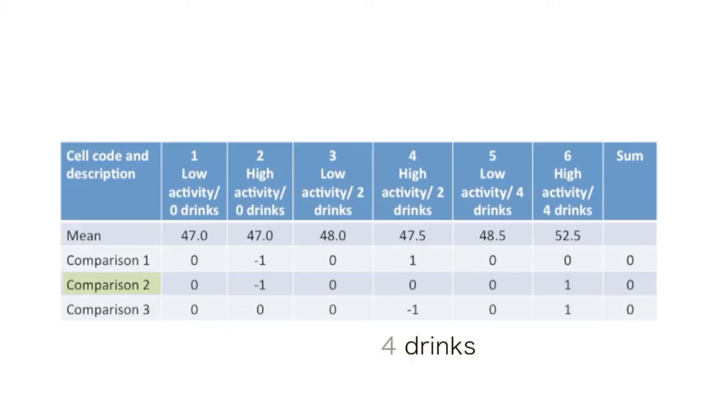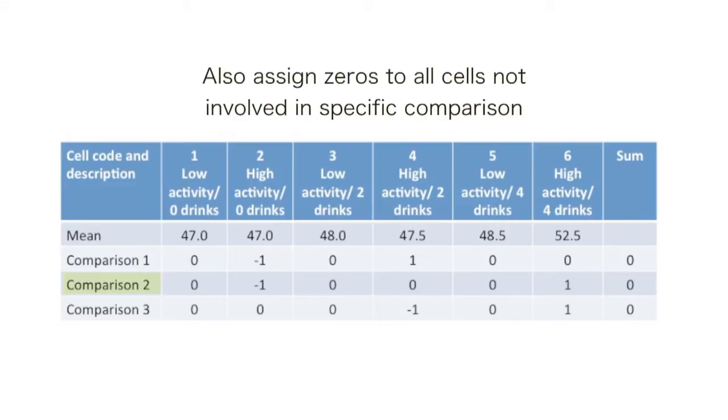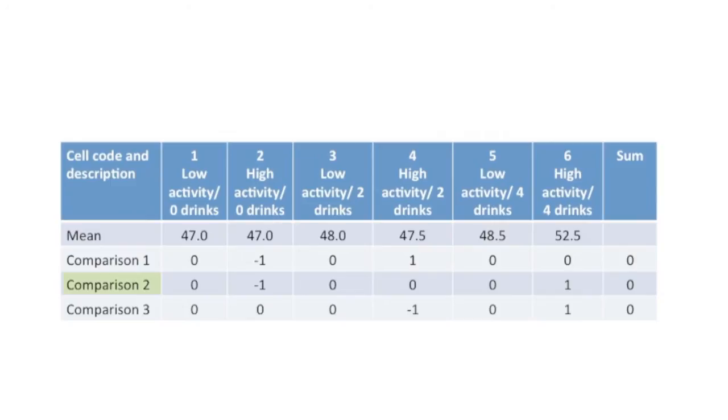In the second comparison, I'm comparing 0 drinks with 4 drinks. 4 drinks in the high activity Wii game has a higher mean than the 0 drinks in the high activity Wii game. So it gets a positive 1 and the other gets a negative 1. We also assign zeros to all other cells not involved. So this comparison is testing if 52.5 is significantly different from 47.